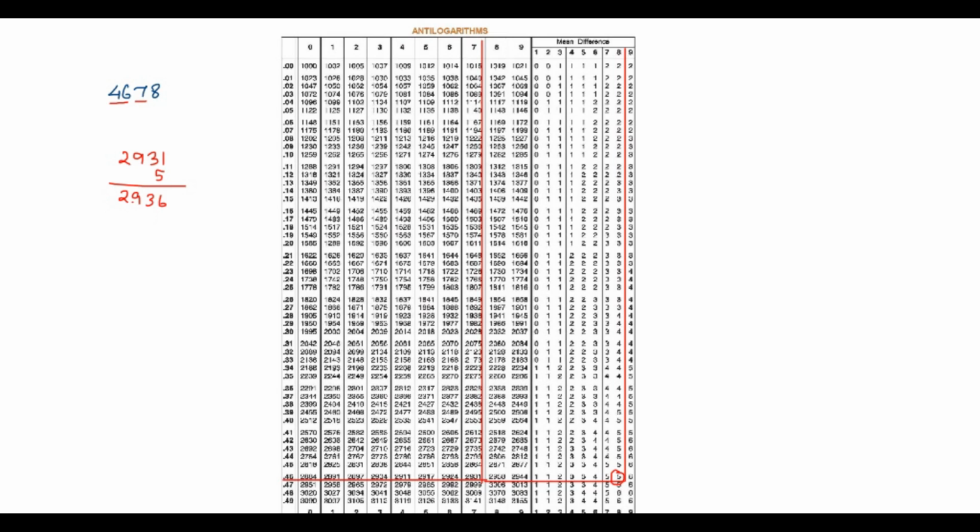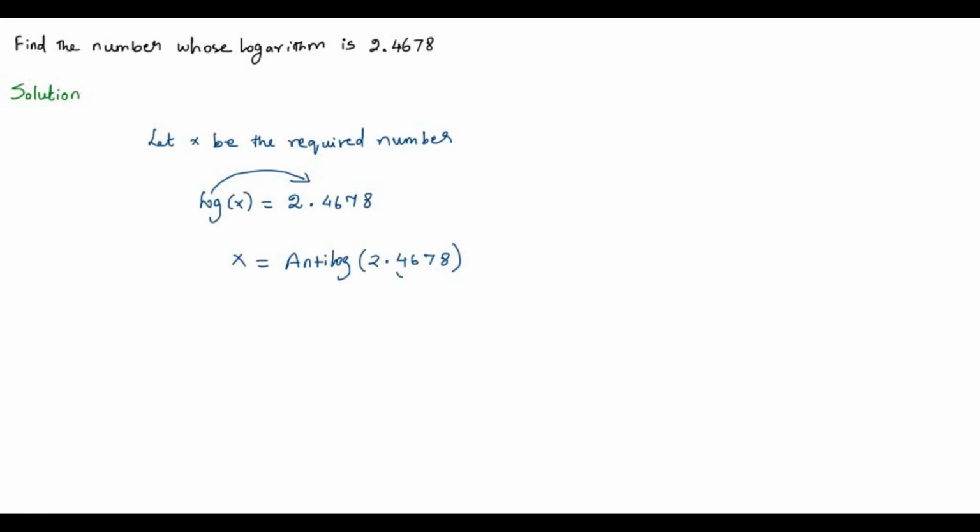The decimal point should be taken right after the first digit. So the value we get, 2936, should be taken as 2.936. Okay, let's go back to the previous page. For this value of 4678, we get 2.936 from the anti-logarithm table.